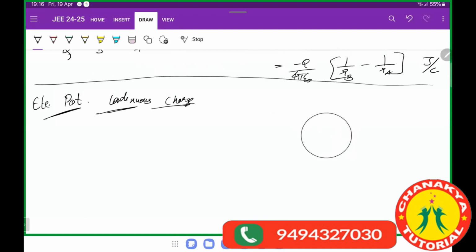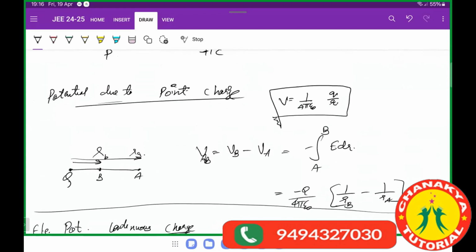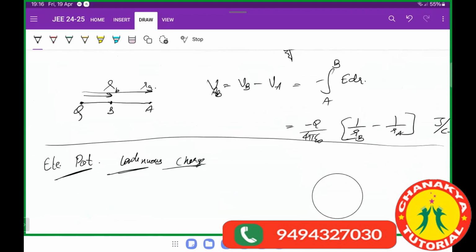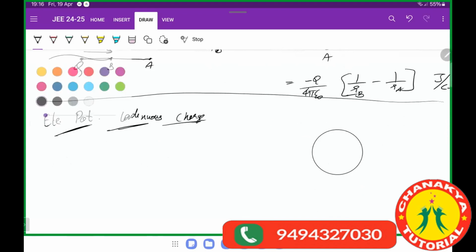Nothing much here. The formula will be the same, just a little bit up and down. We will take one strip.